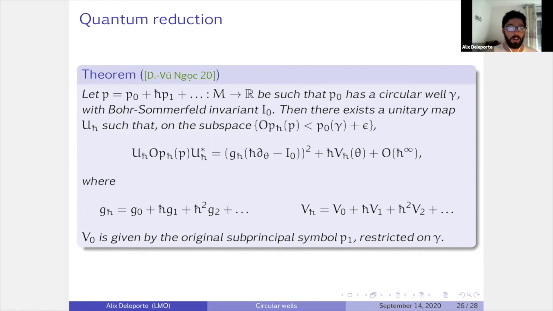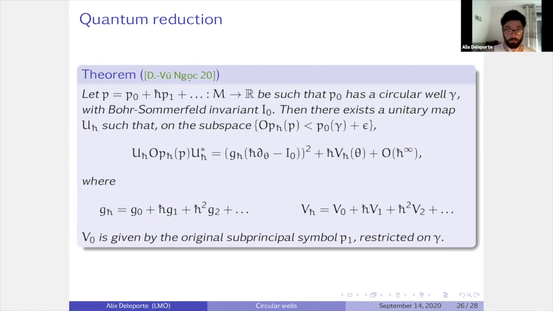And here, well, this is the generalization of the trick in the toy model that I talked to you about. This U_h bar and U_h bar star is the generalization of conjugating with exponential of the primitive of A minus A bar.